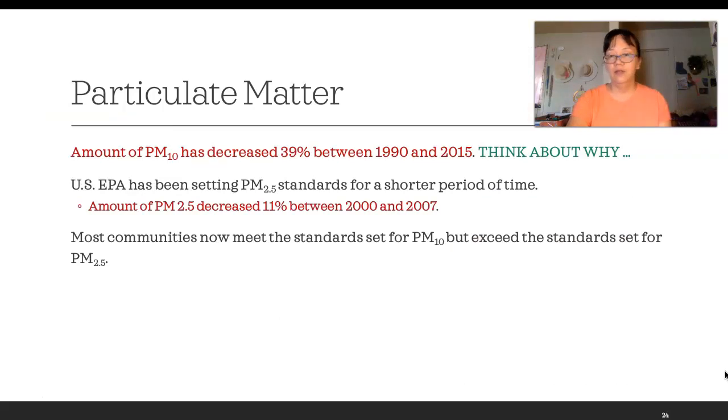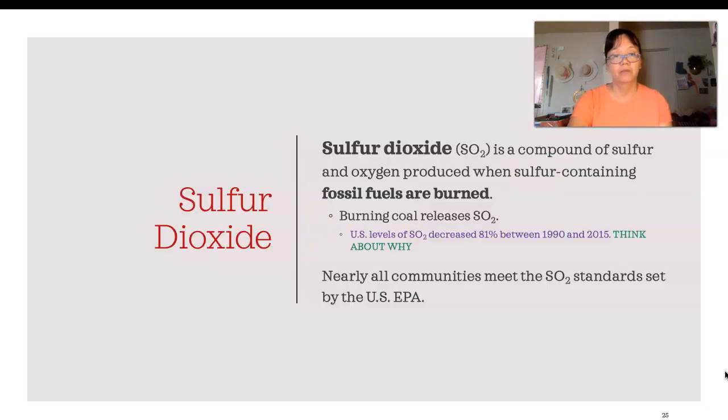And the good news is, I still want you to think about why between the 1990s and today, the PM10 has dropped 39% and PM 2.5 decreased about 11%. I want you to think about why. But the good news is the air quality is greatly improved in this country.